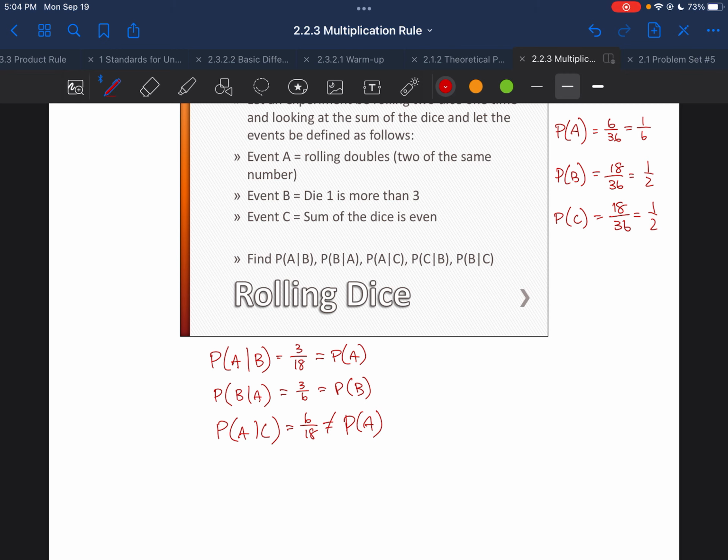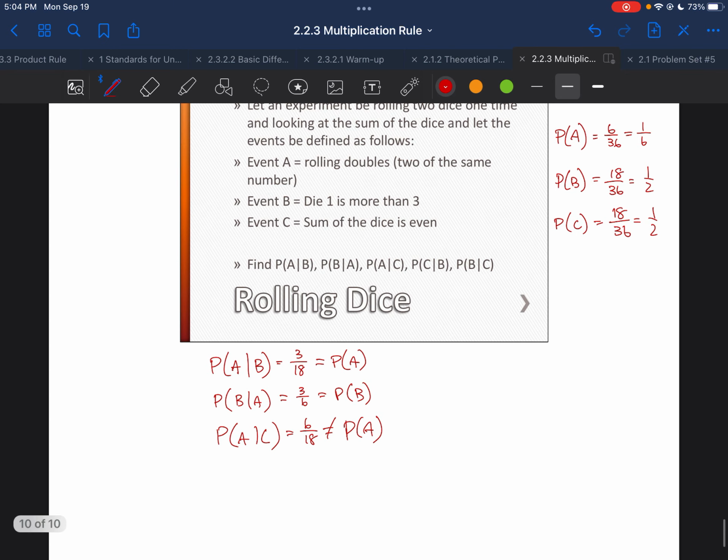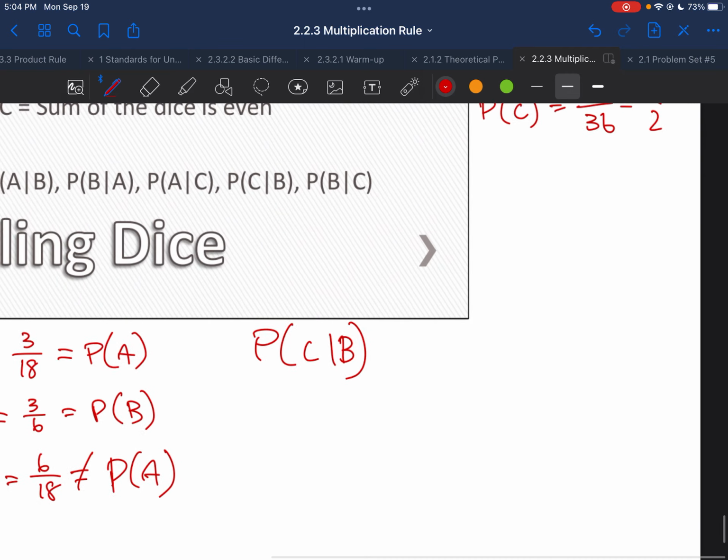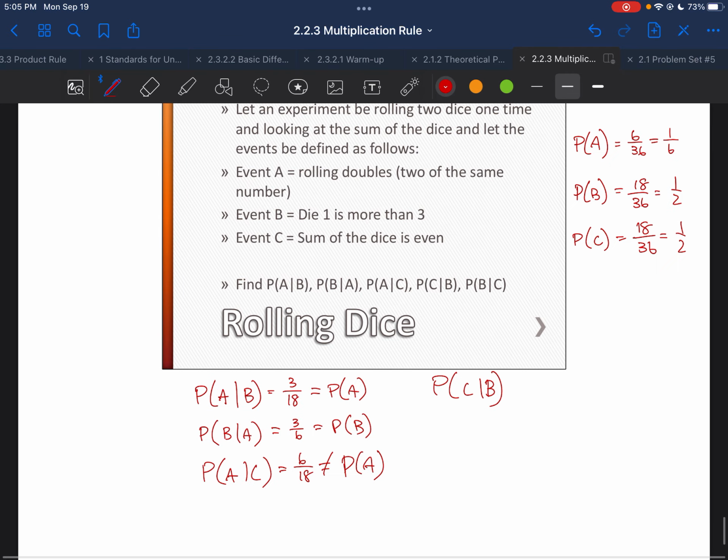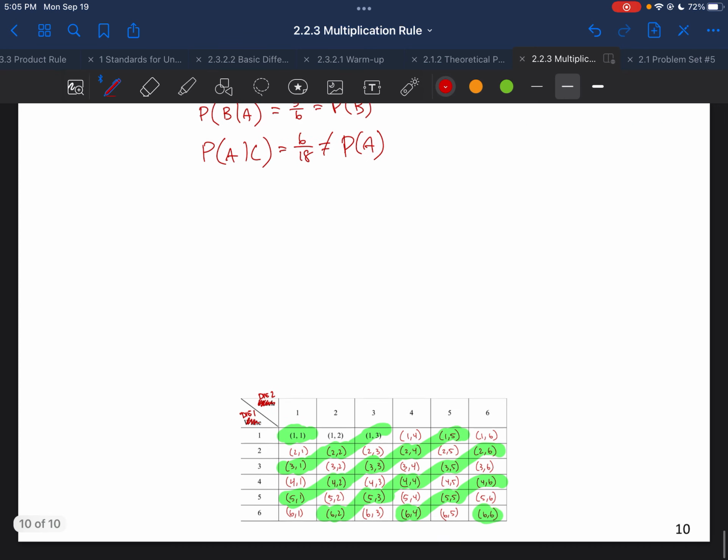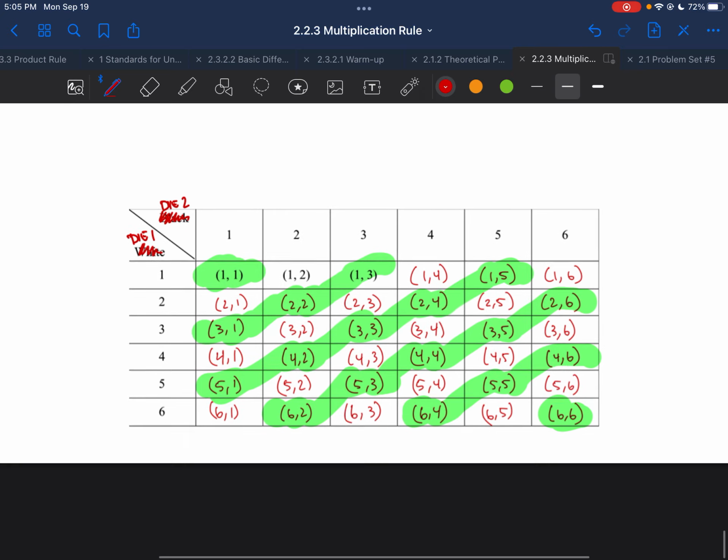So now let's find the probability of C given B. We're looking for the probability that the sum of the dice is even, given that die 1 is more than 3.